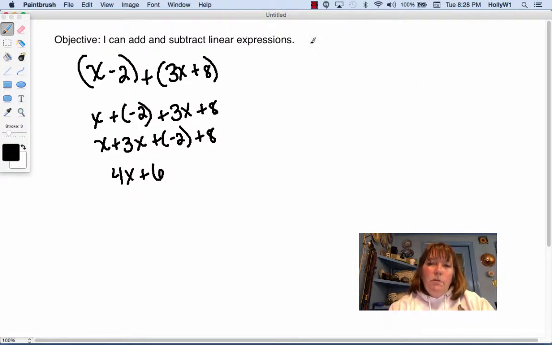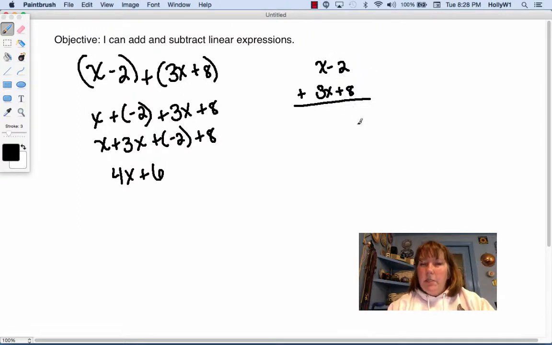Now we can also do this vertically. We can take these two things and treat them as x subtract 2, and we're going to add 3x plus 8. We put them in a problem like this, which is how you think of adding and subtracting multi-digit numbers. So we're going to think of this with variables. We have x and 3x, and we're adding them, so that would be 4x.